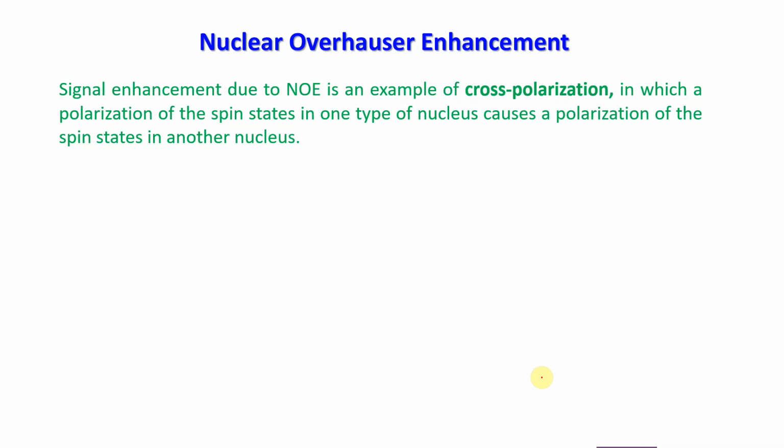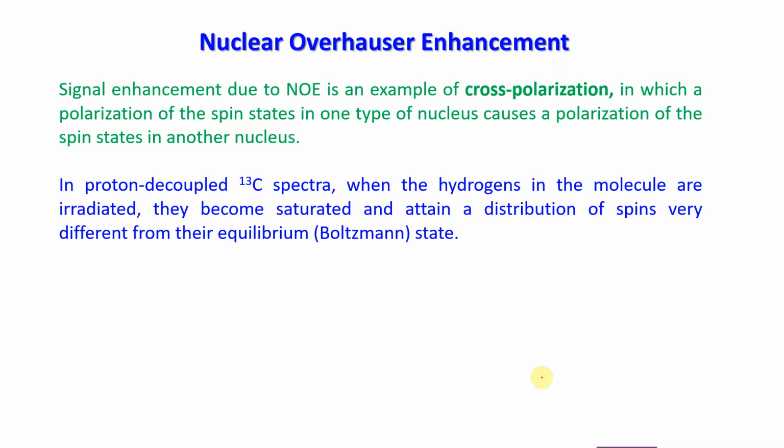Understood? So in one nucleus, due to irradiation, its population is changing, so its individual polarization is changing, and due to that change, the other nuclei nearby are being influenced, okay, and that gets oriented, and that polarization also will be changed, okay.